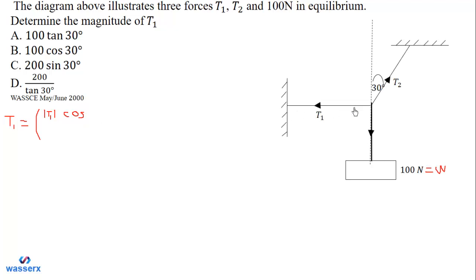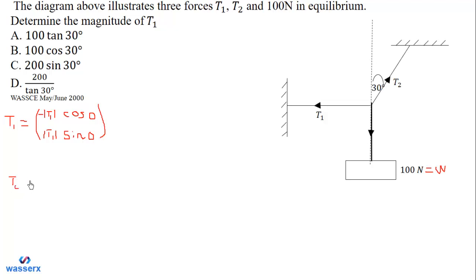Over here the angle will be 0 degrees, so cos 0 degrees. Then because the x component is negative over there, we attach the negative sign. Then also for the vertical component, we have the magnitude of the first tension times sine 0 degrees.